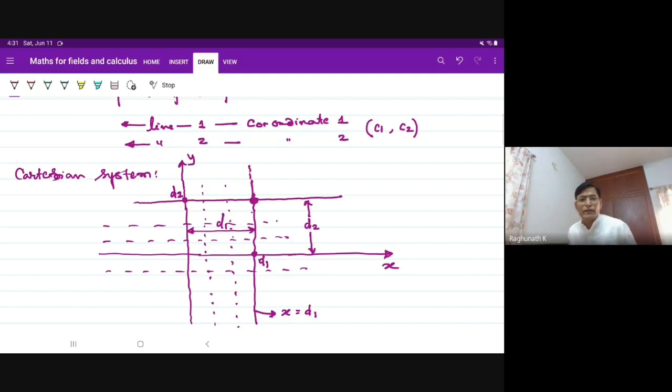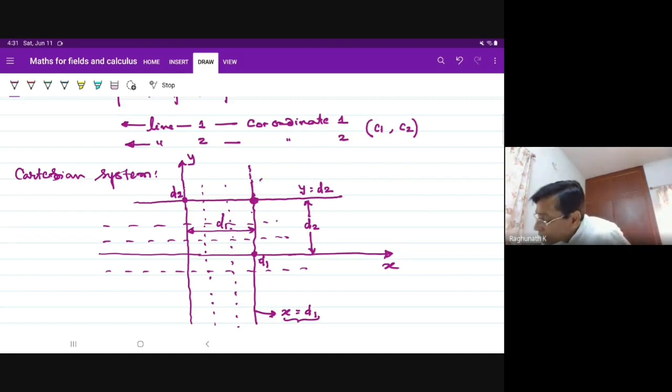We saw this. X coordinate of any point on this line is d1. This is the line y is equal to d2. X is equal to 0 is y-axis. Correct? Y is equal to 0 is x-axis.